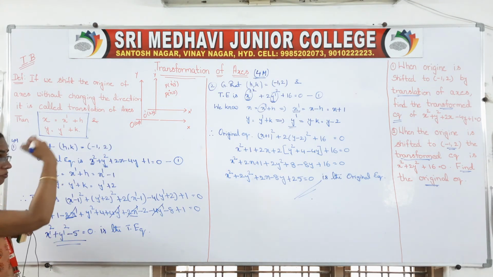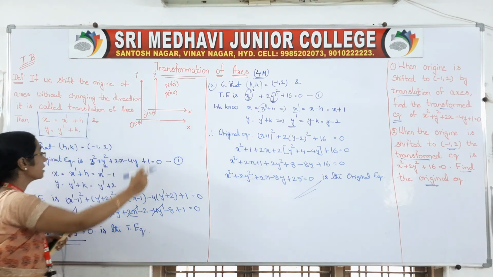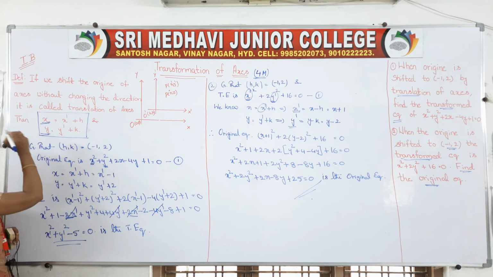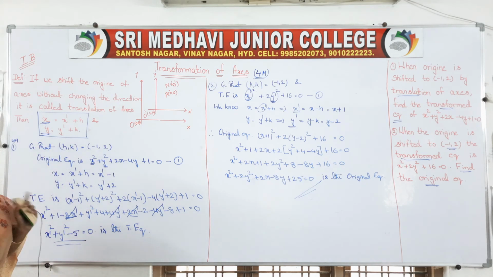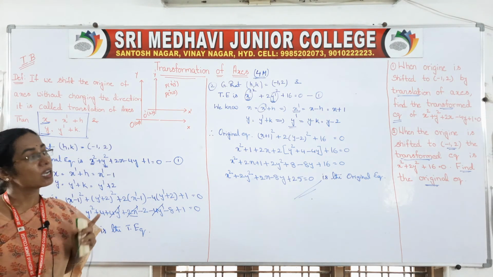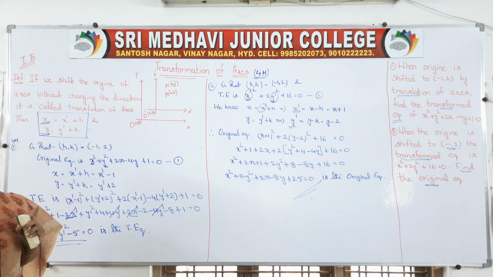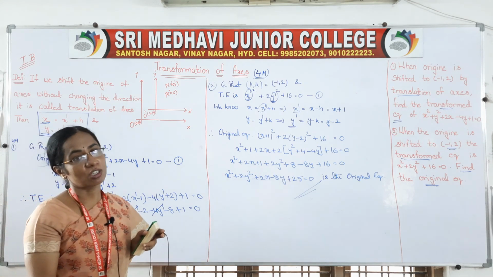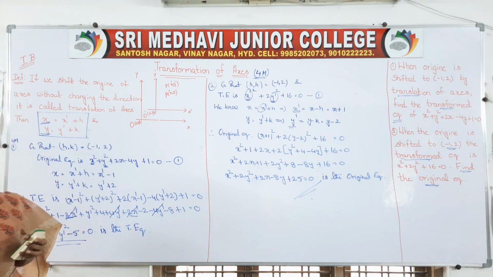So if we shift the origin from (0, 0) to (h, k), there will be changes in your x value and y value. X becomes x dash plus h, y becomes y dash plus k. So by applying this formula, we solved. Based on this formula, we will get only two types of problems. First, they will give the original, find the transformed. Next, they will give the transformed, find the original.